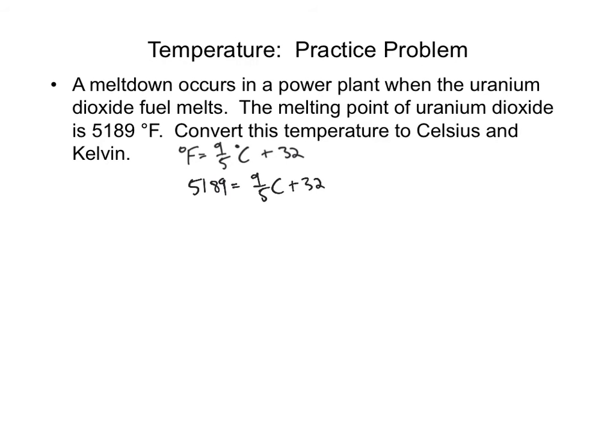Alright, so the first thing we would want to do to solve for this is to subtract 32 from both sides. And so I get 5157 is equal to 9/5 C. And so then to finish solving for C, I need to multiply both sides by the reciprocal of 9/5.